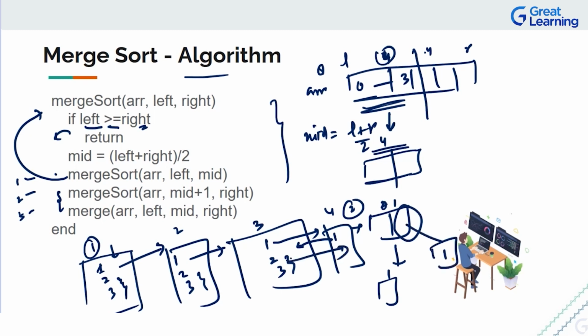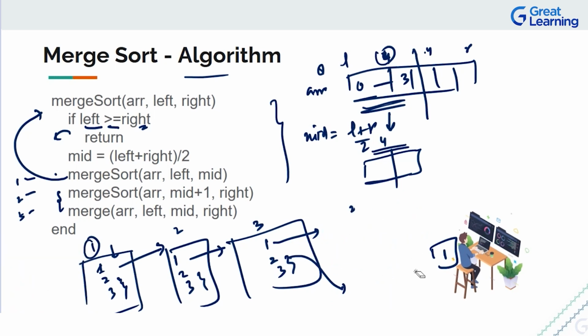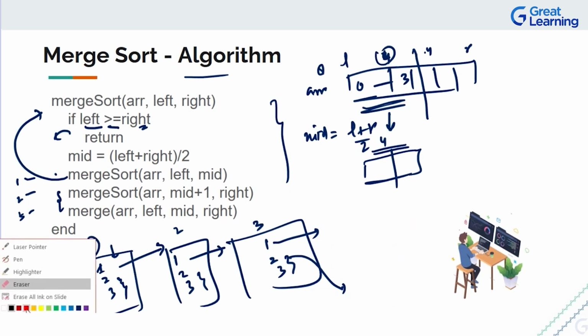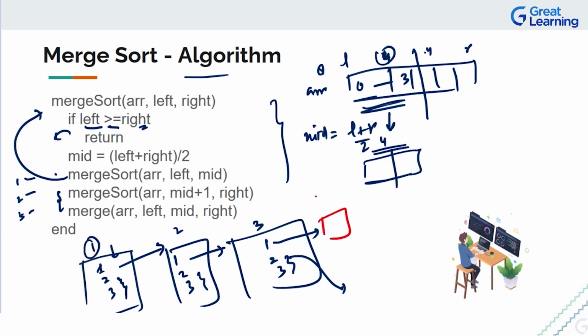I'll just erase the second option because it looks a little bit messy. So now what happens? Let me put it again in red. So here we called this 4th time, and this time it returned. So in this case, now we will be on the second step. Now again, it will be called on that single element.